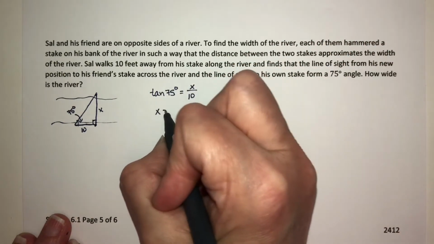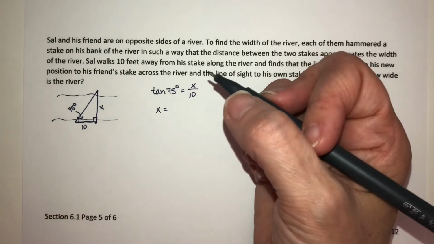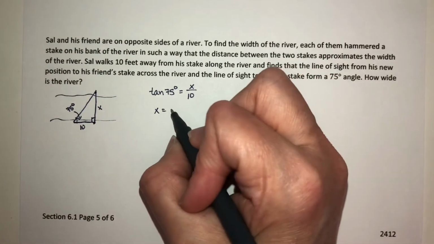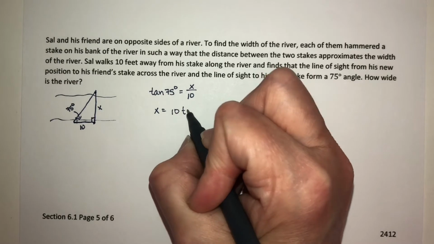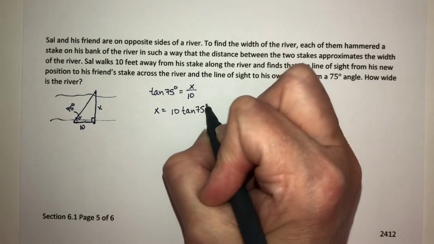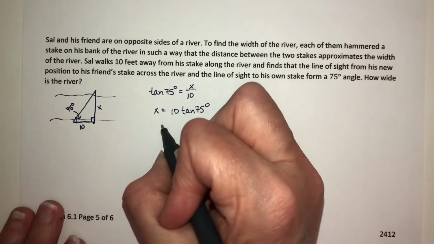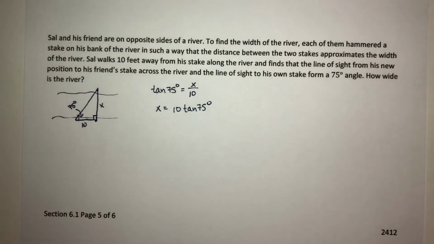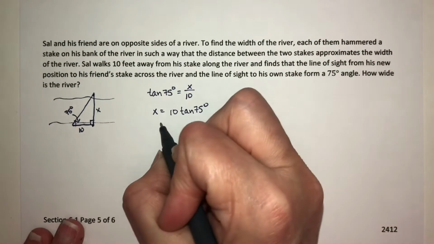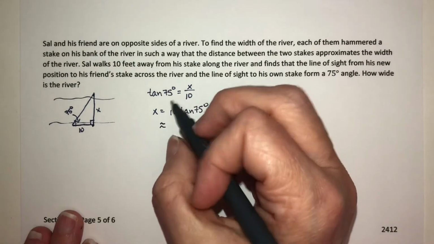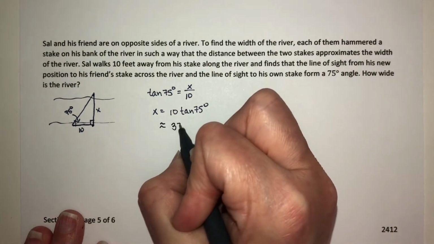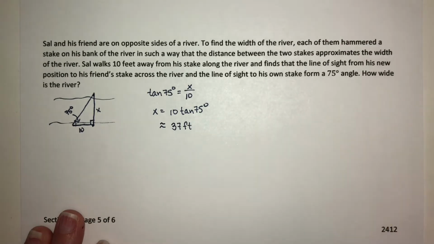So the width of the river should be 10 times tangent of 75 degrees. You're supposed to round to the nearest foot, and if you plug that into your calculator, you will find that it is approximately 37 feet wide.